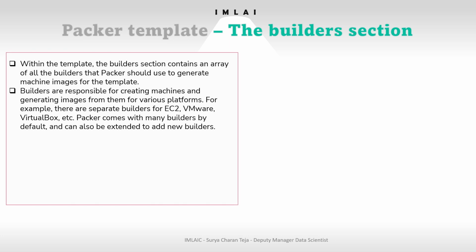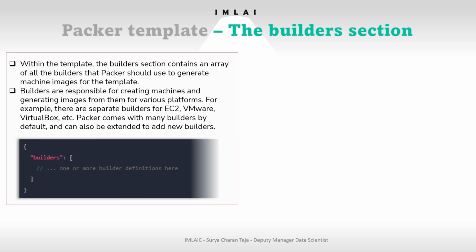For example, there are separate builders for EC2, VMware, VirtualBox, etc. Packer comes with many builders by default and can also be extended to add new builders. This is the syntax of the builders section in a Packer template using JSON format. Open curly brace, and then close curly braces. In between you will have your builders section.